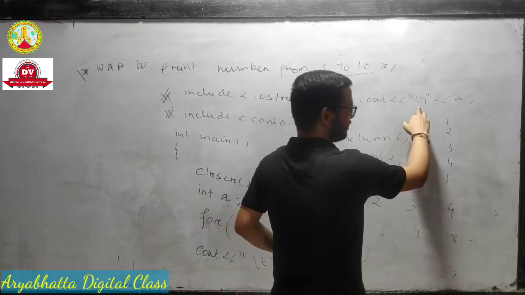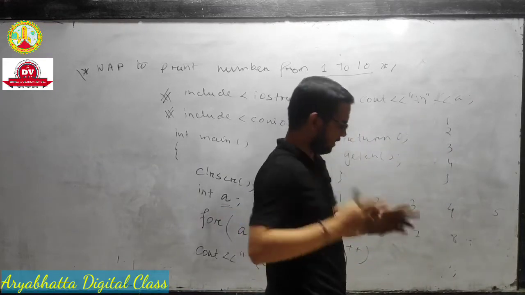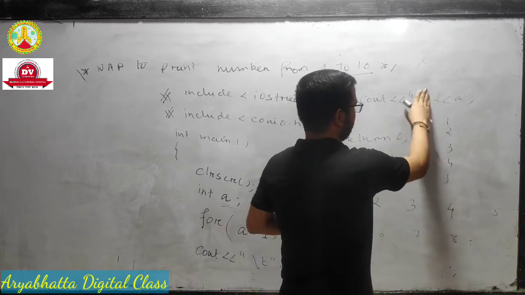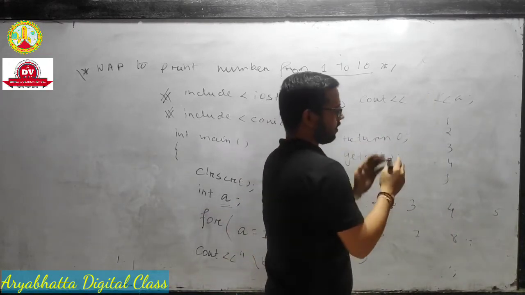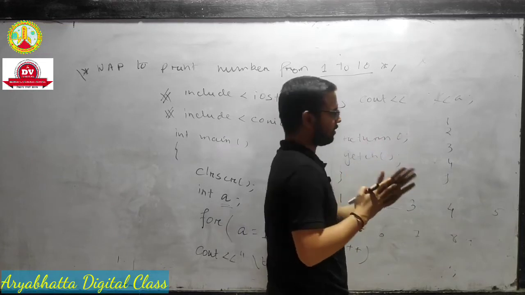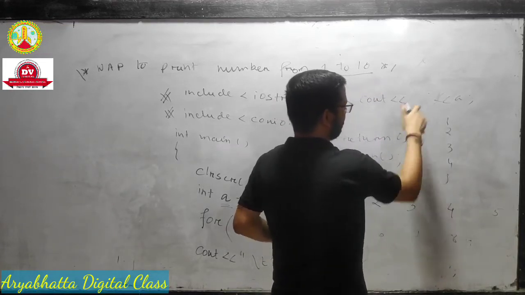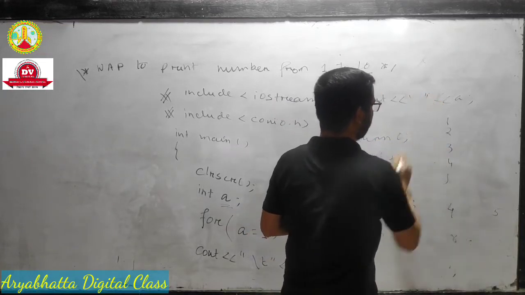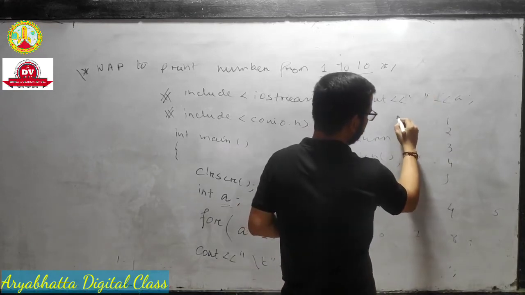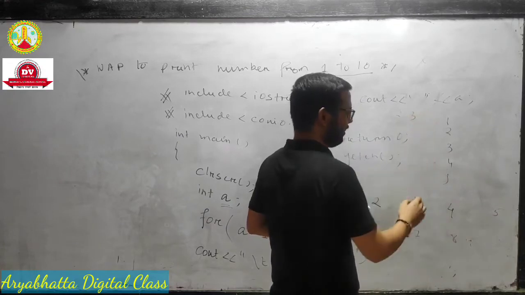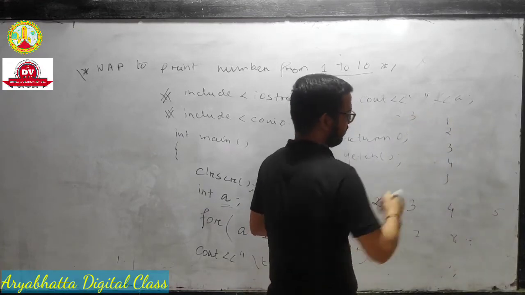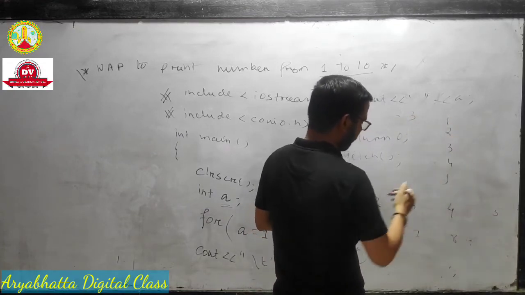If you use backslash t, then tab space. If you use nothing here, then there will be no space between them. If you give only one space, then only one simple space comes. And if you use backslash n, it will come as a new line, 1 below 2, 3, 4 like this.